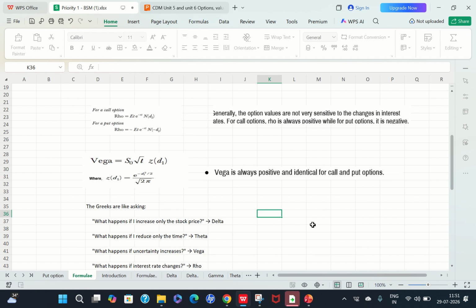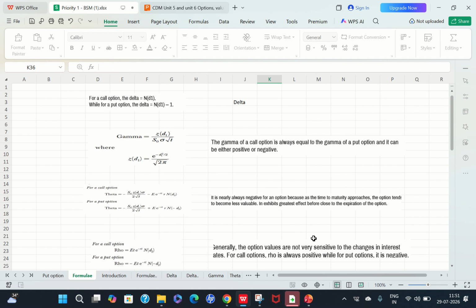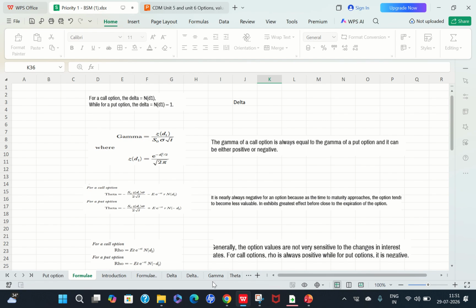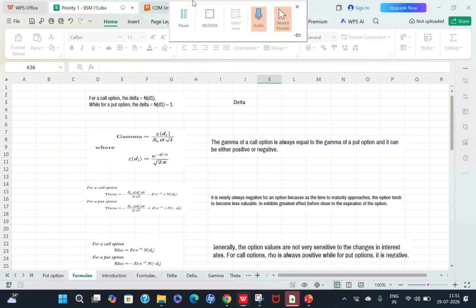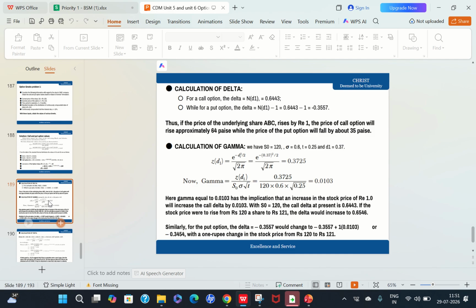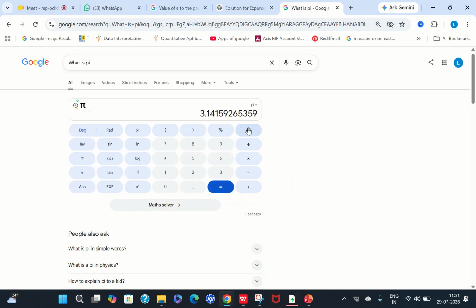So let us go to the problem. For a call option, delta is N(d1). For a put option, delta is N(d1) minus 1. So applying that here in the problem, the first part we have completed. Delta is very simple. We have already found out delta.